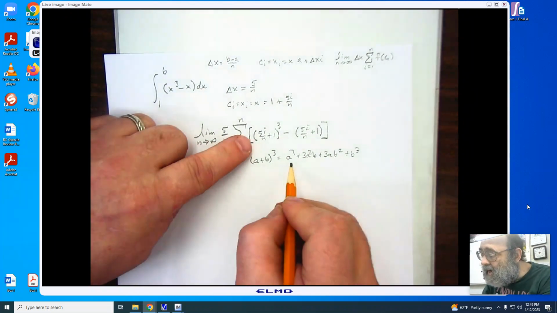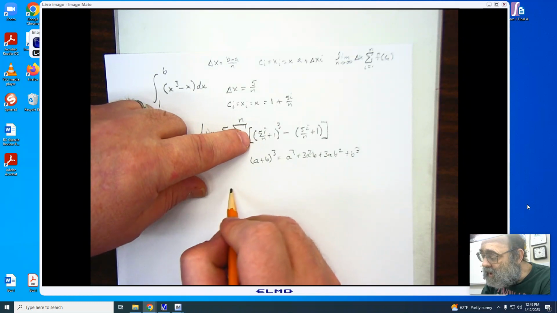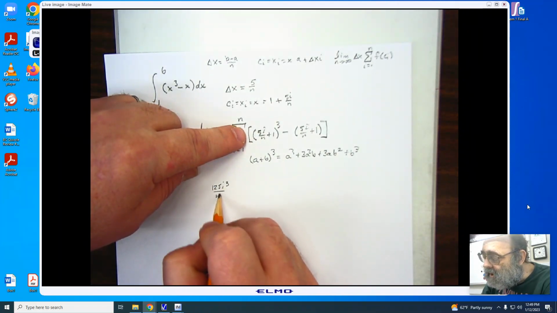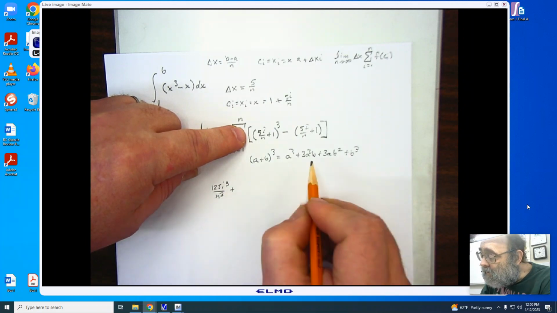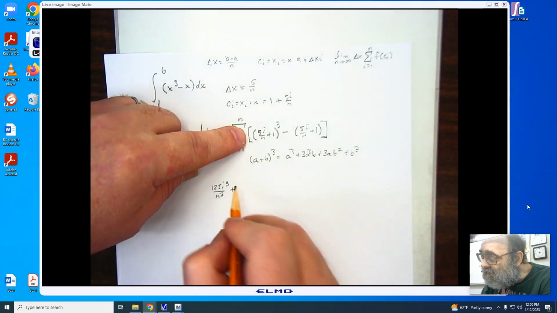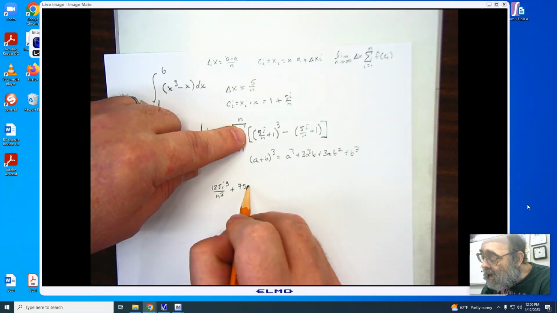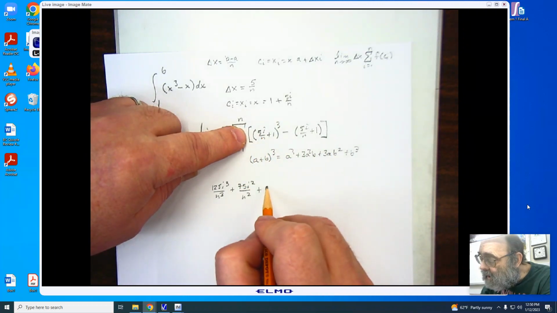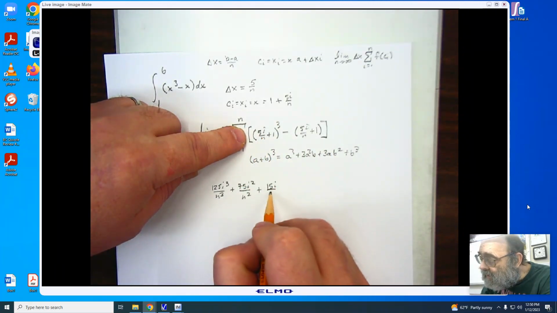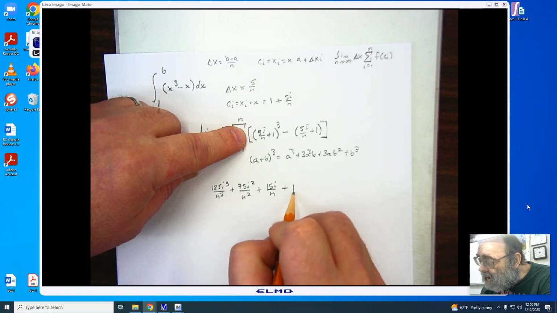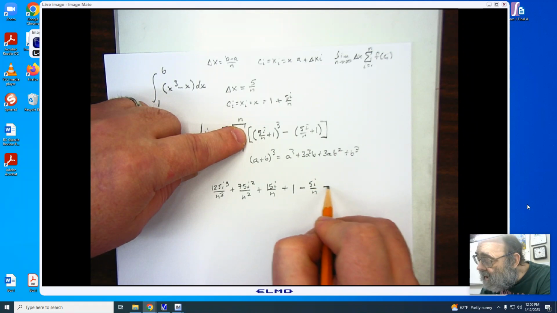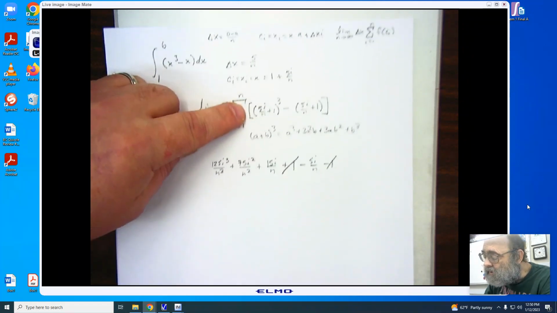So we're going to start with i cubed, the first term cubed. This is 125i cubed over n cubed plus 3 times 5 times 5, which is 75i squared over n squared, plus 3 times 5 times 1 squared is 15i over n plus 1. We then have a minus 5i over n and a minus 1, and the constants cancel.